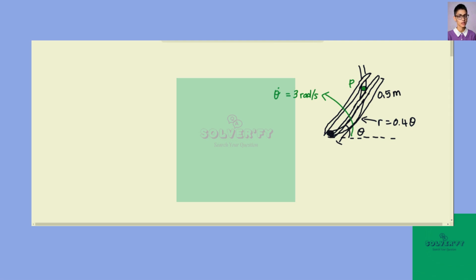We are also given that the angular velocity theta dot is 3 radians per second and is constant. So this means that theta double dot, the angular acceleration, is 0. Since we are given r as a function of theta, we can do time derivatives.